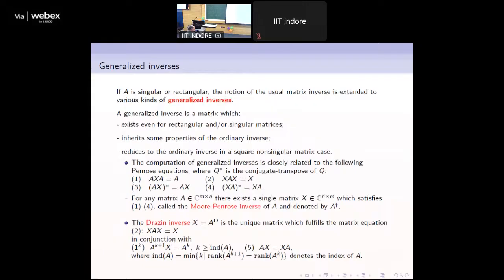Such combinations with Moore-Penrose, Drazin inverse, are now dominant research in generalized inverses. We can see later one representation of this inverse.